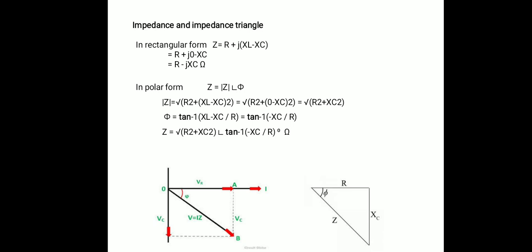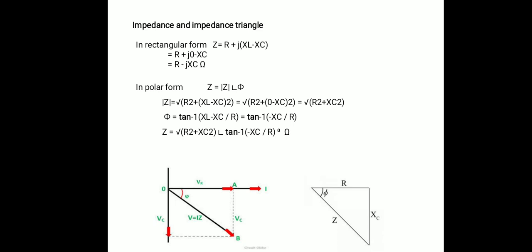Impedance and impedance triangle. What is impedance? Basically, impedance is the total opposition offered by resistor, capacitor and inductor together to the flow of alternating current. And what is the impedance triangle?